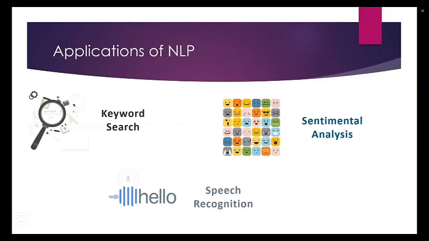Previously we used keywords, but nowadays the concept is the same, but the way it searches in the meta part is gradually migrating from rule based to AI based, right? During that process, most of the algorithms are using NLP, right?